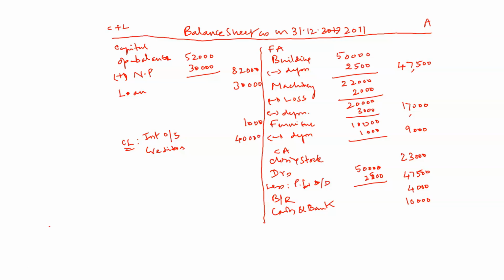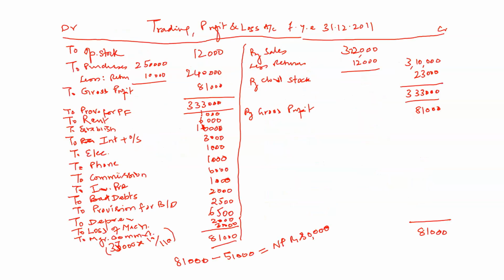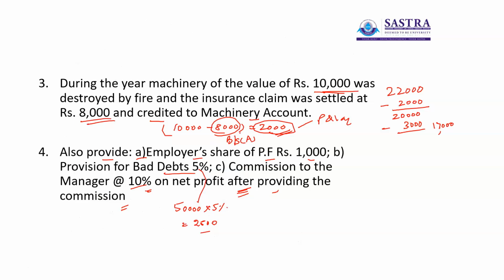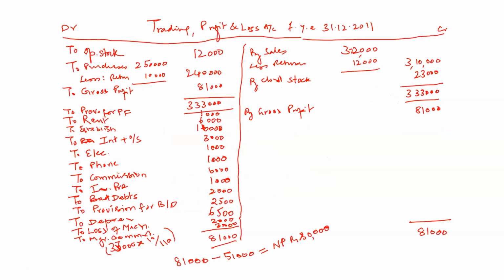Provision for employer's share of PF. Provision for PF. So employer's share to be provided for was given as ₹1,000.